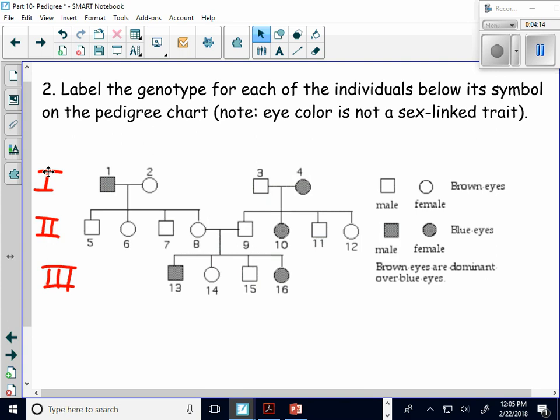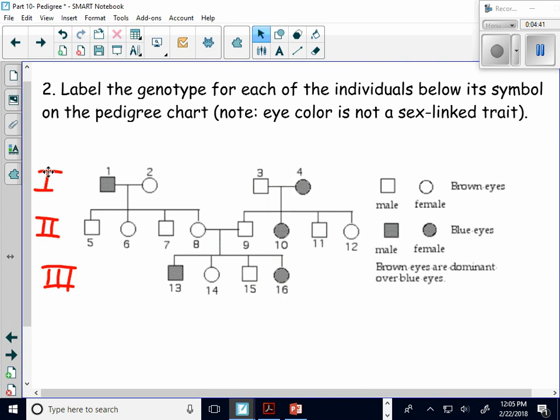Paternal would be father. Okay, so 3 is 15's grandpa, right? Grandpa on his mom's side or his dad's? His dad's, right? So that would be his paternal grandpa. Okay, who would be his maternal grandpa? Number 1, right? So we see how we're reading these?